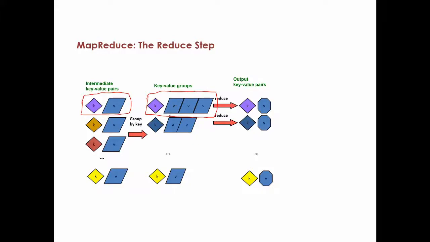You get a set of values or a list of values corresponding to a key together. The idea is that all values corresponding to this key will get to a particular reducer. So this is very important.